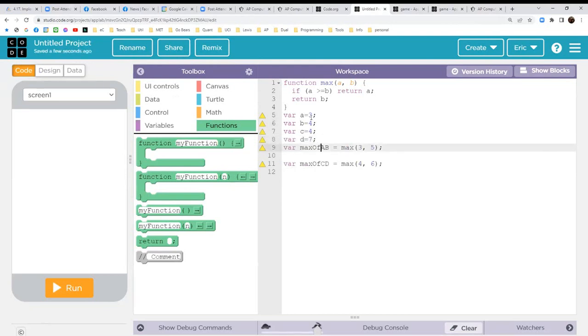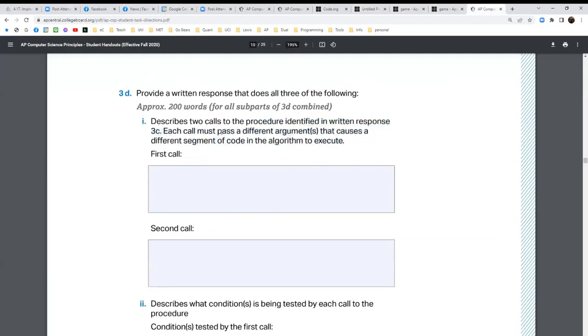Okay, for example, like this, and you need to call this function twice, and explain how it is called. This is only a very simple example, but you need to follow the procedure here.